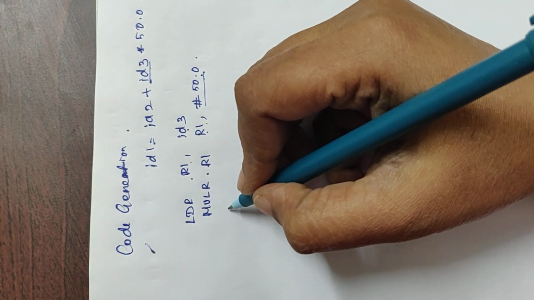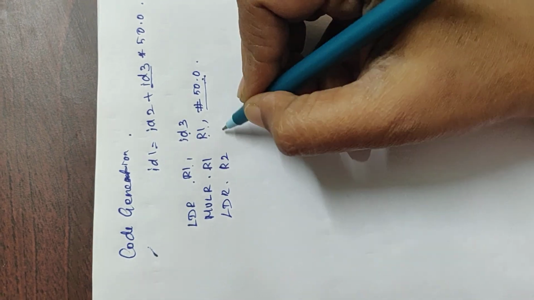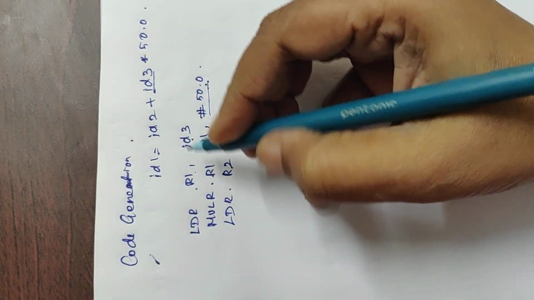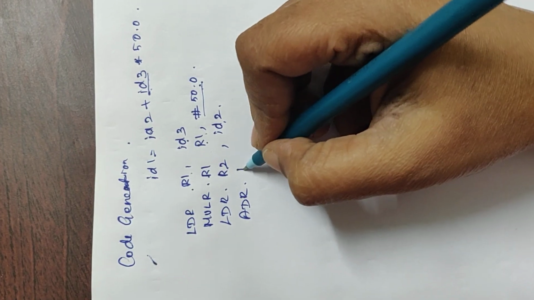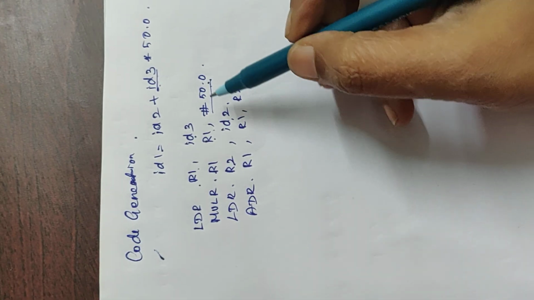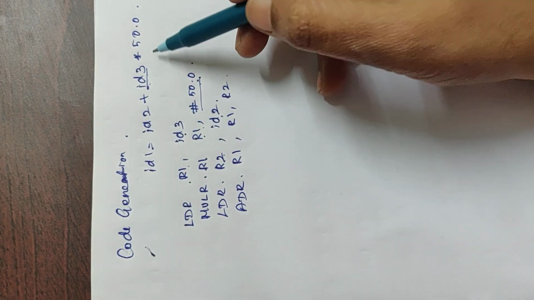Okay, and next I need to load R2. So LDR R2 comma id2. This id2 variable is getting loaded in R2. Now I need to add. So ADD R1 comma R2. I'm adding this id2 variable along with R1, which is the intermediate result.